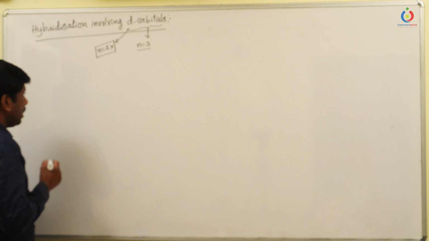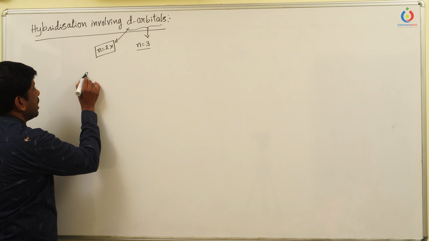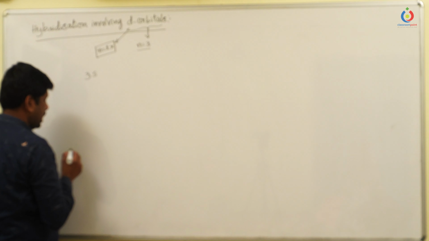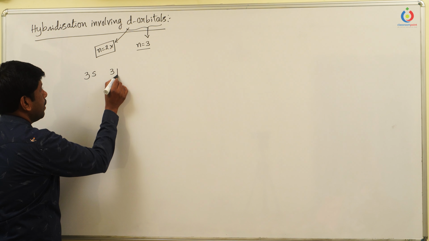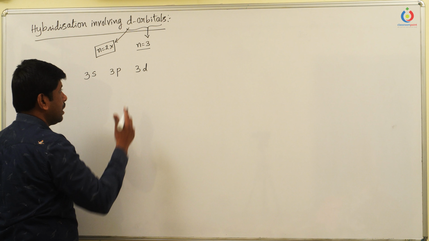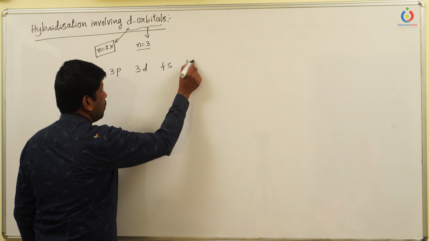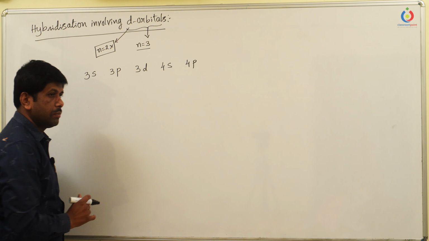So now, if we see the starting d orbitals, we can consider that the third period is having the 3s, 3p, 3d orbitals. After 3d, 4s, 4p is present in the next orbit.